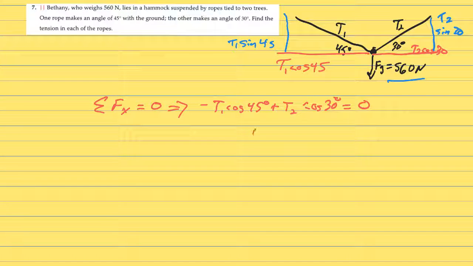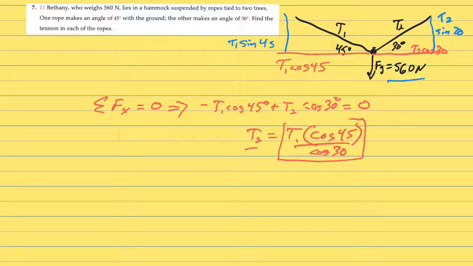I'm going to go real fast here and go T2 equals T1 cosine of 45 on top, cosine of 30 had to get divided out of there, so I'm taking some shortcuts here. Remember, if T2 equals this, everywhere we see it in the next one, we'll replace it with that.